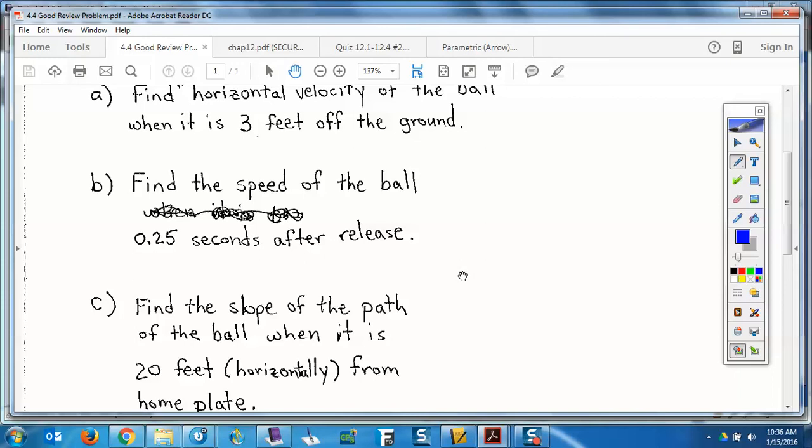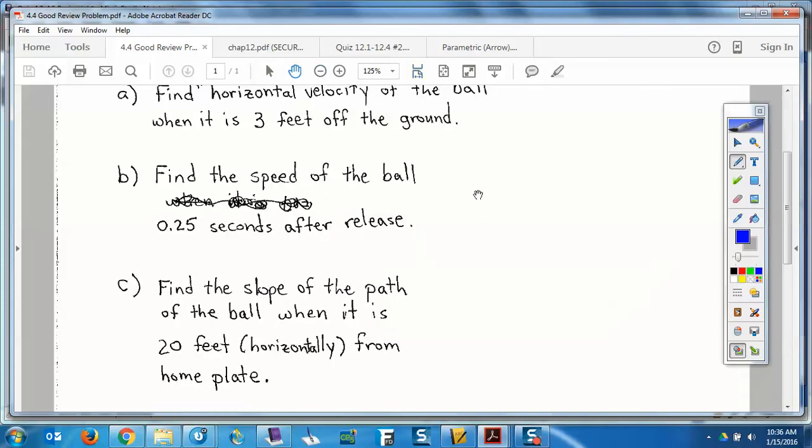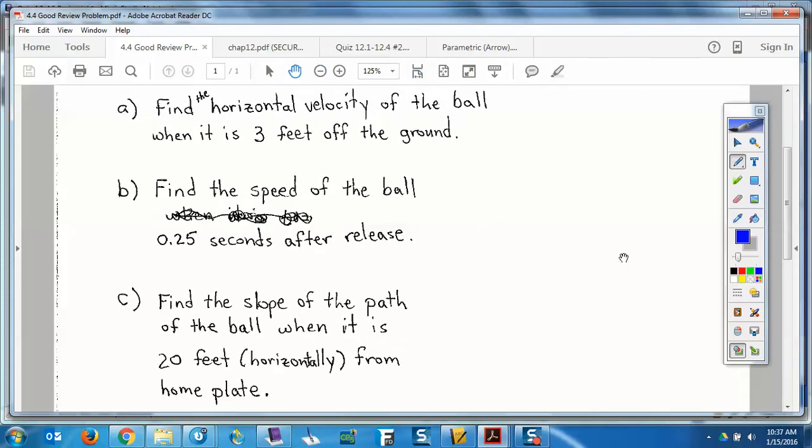Okay, I think I can squeeze them all in there. There we go. Okay, so I put the equation up on the board, and there's the three questions we want to do.